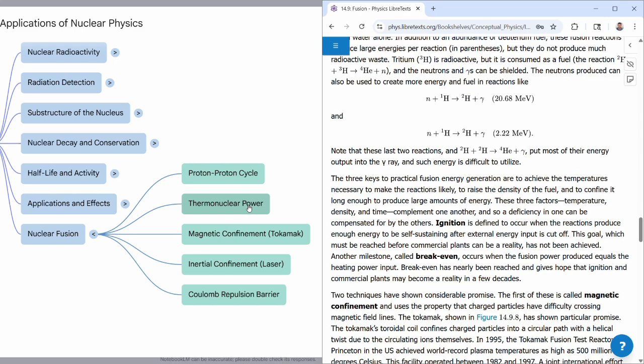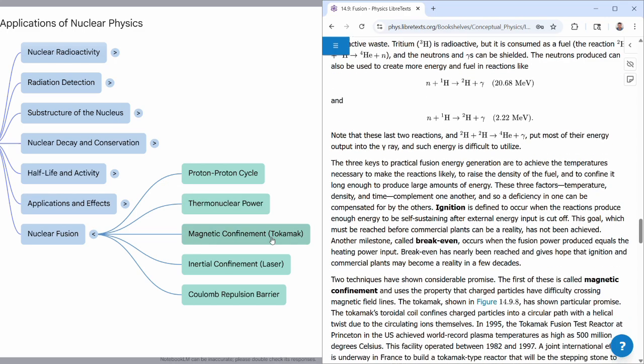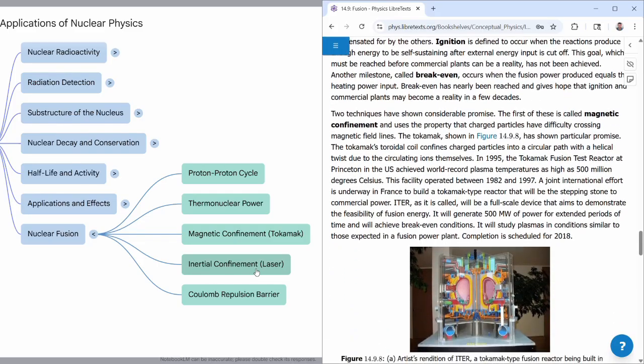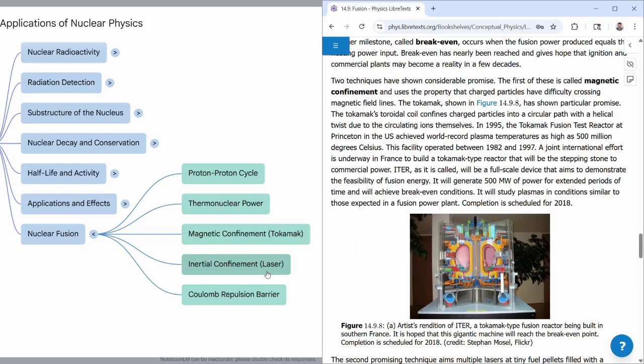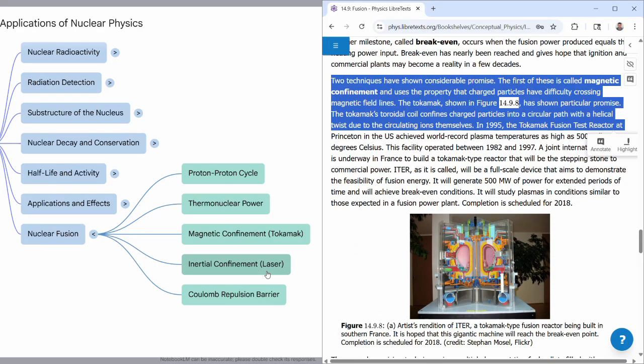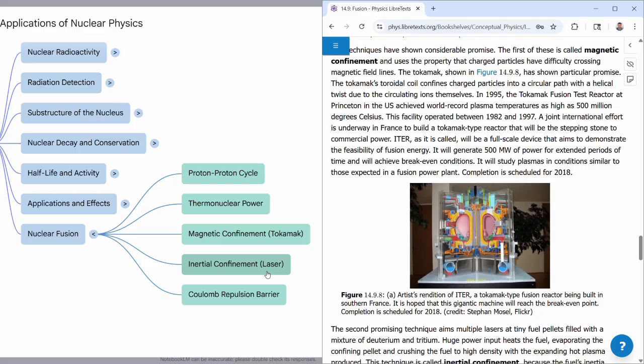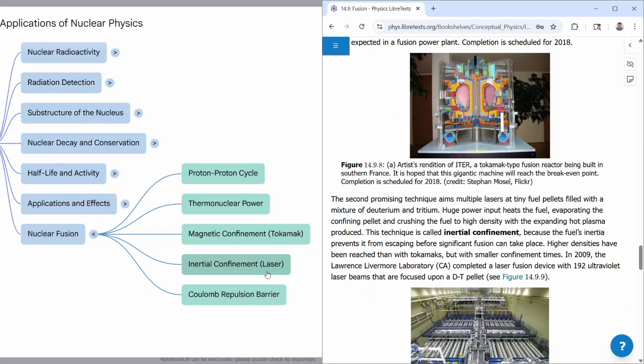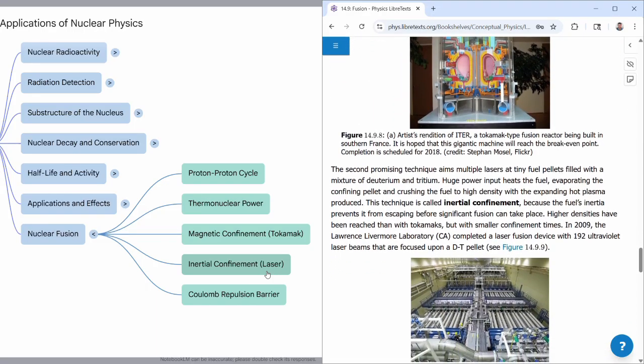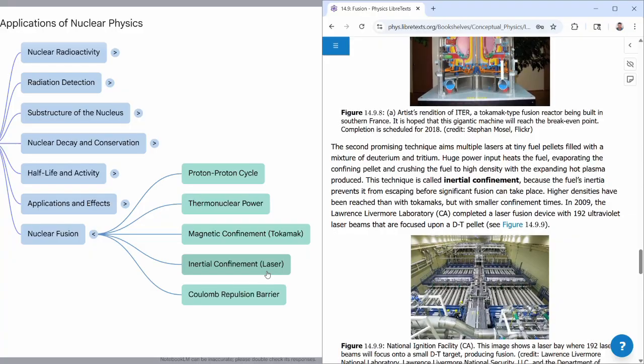So when we say thermonuclear bomb or thermonuclear power, we are talking about a process that utilizes the fusion process. And these magnetic confinement and inertial confinement approaches are ongoing research approaches in trying to induce a controlled fusion in a way that we produce more energy than we put in to ignite the fusion. So far, not quite successful, in the sense that we don't get more energy out than the energy we put in.